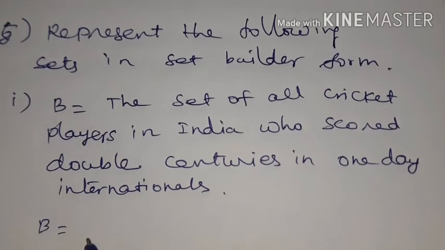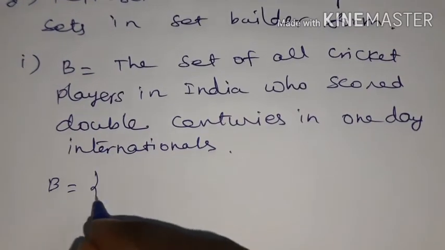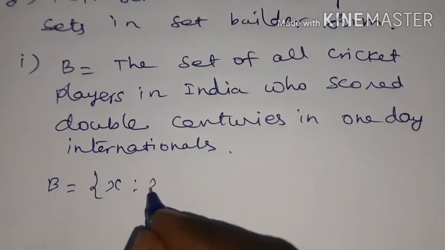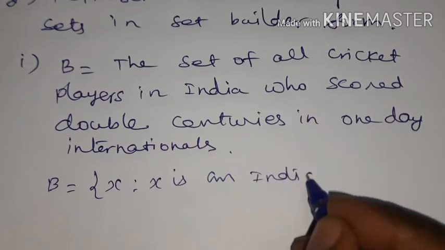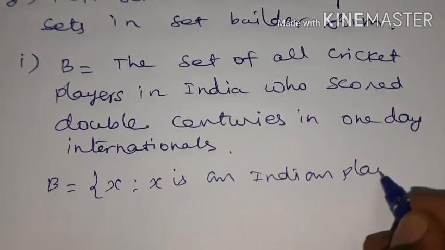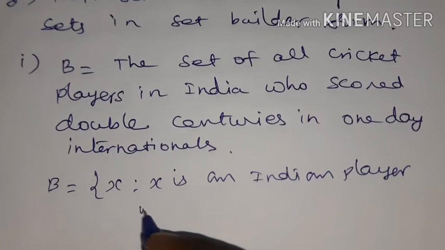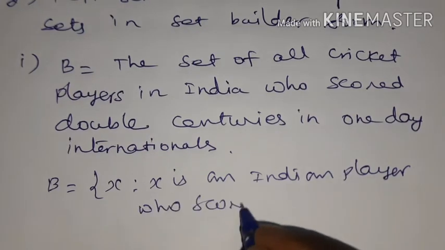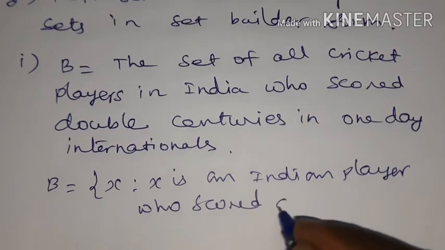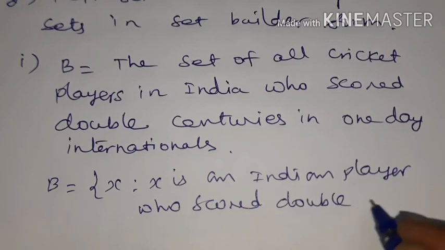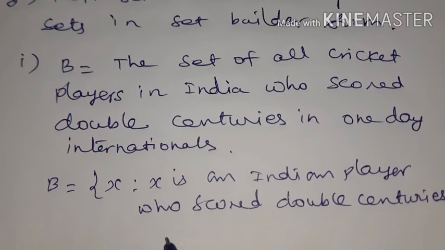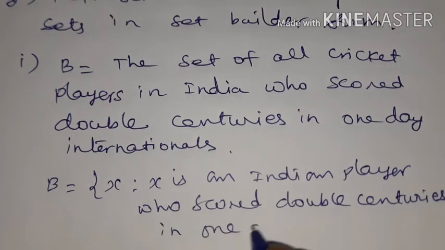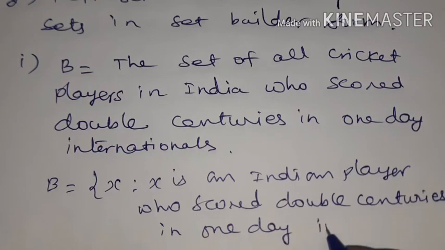B is equal to x such that x is an Indian player who scored a double century in one day international.